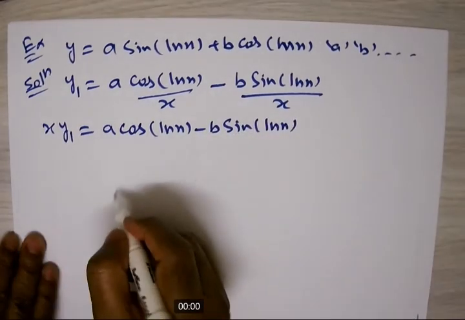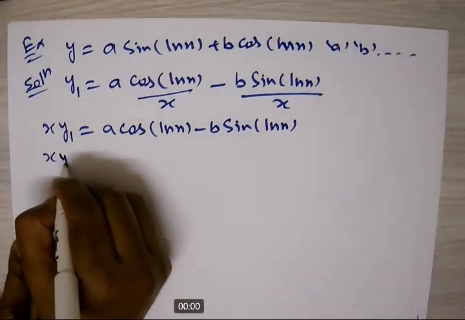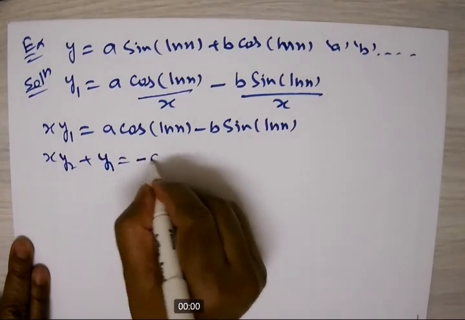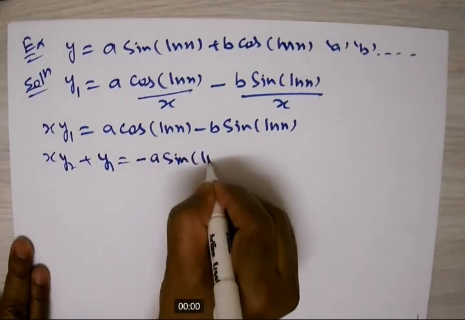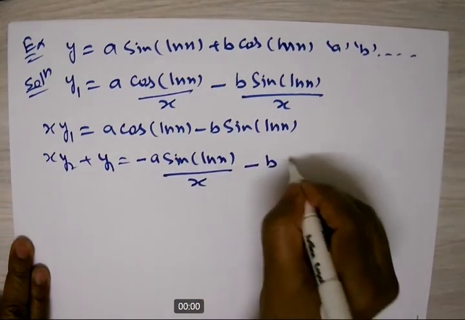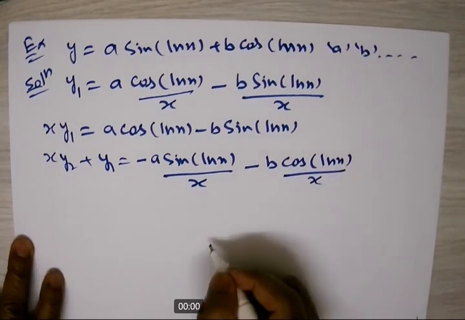Now again differentiate by using cross multiplication. So what is that? x y2 + y1 = −a sin(ln x) times the derivative of ln x, which is 1 by x, − b cos(ln x) times the derivative of ln x.